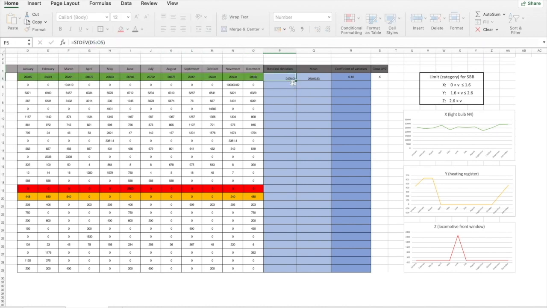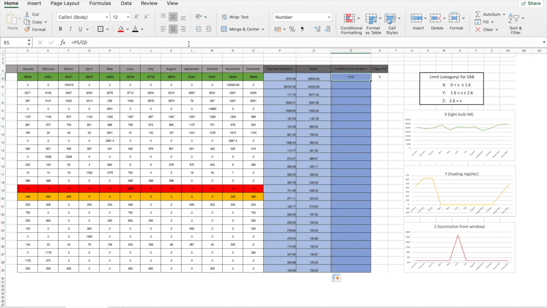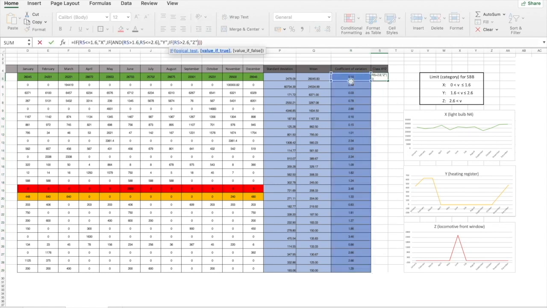Then, in order to conduct an XYZ analysis, Thomas first needs to look at the standard deviation of each of his articles and the mean average from the data he collected over the past. In a second step, he must divide the standard deviation by the average to receive the coefficient of variation for each item. He can then set the class limits and categorize the items accordingly, and for this, he uses a simple if function.